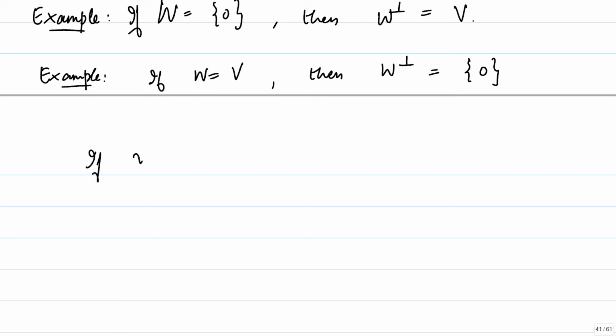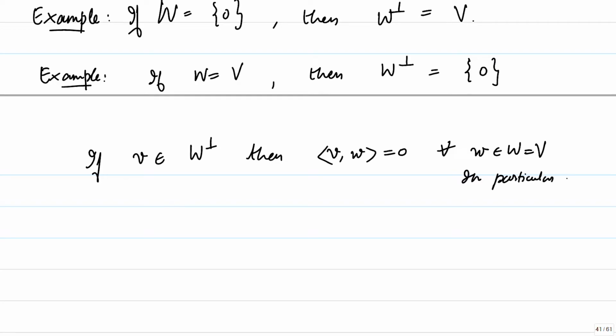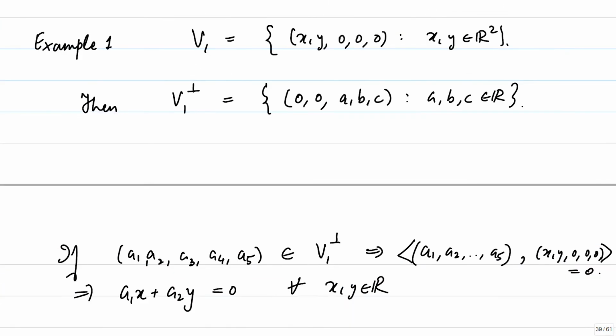So, if v belongs to W orthogonal, then the inner product of v and w is equal to 0 for all w in capital W, but our capital W is equal to V. So, in particular, small v also belongs to W because small v belongs to capital V, and therefore inner product of v with itself is equal to 0, but that implies the length is equal to 0, which implies that the vector is necessarily equal to 0, or the positivity will tell us that v is equal to 0. Alright, so okay, let us get back to this example.